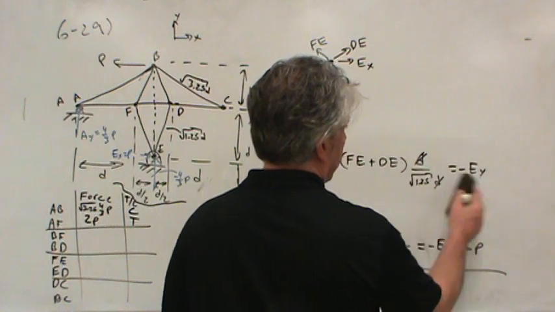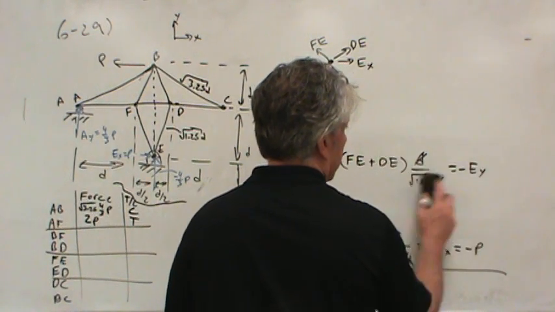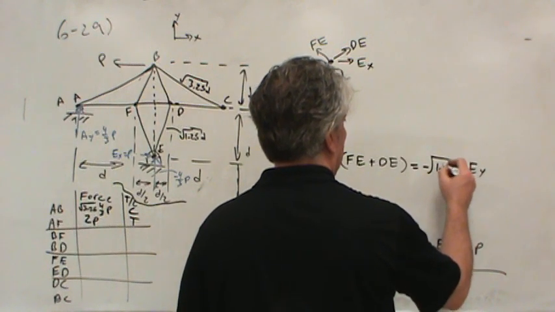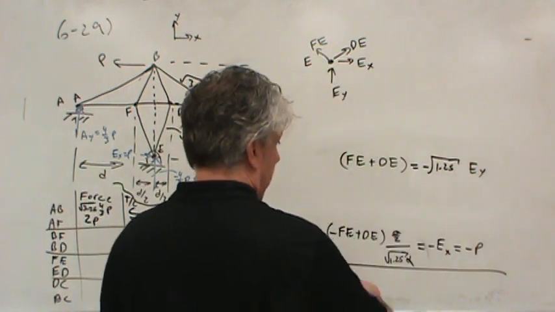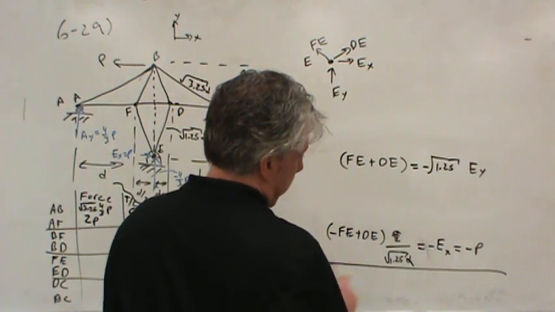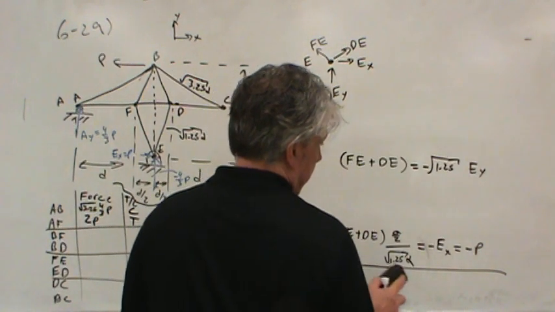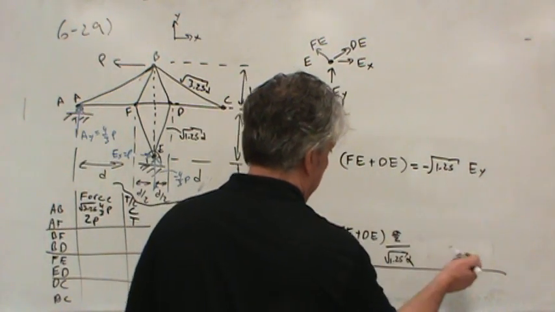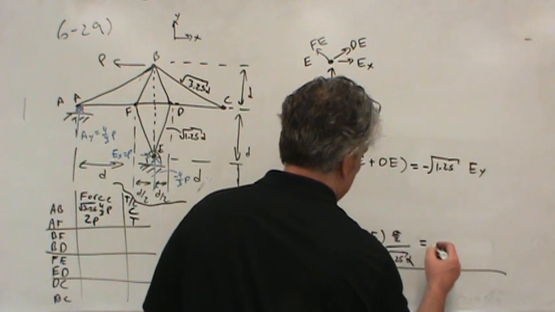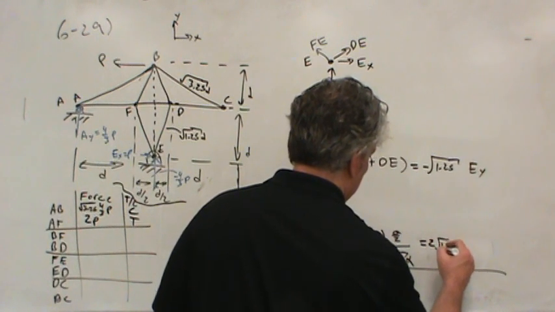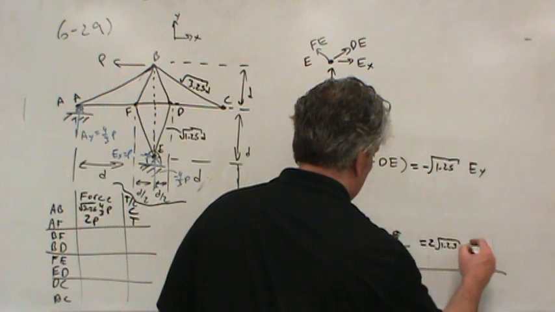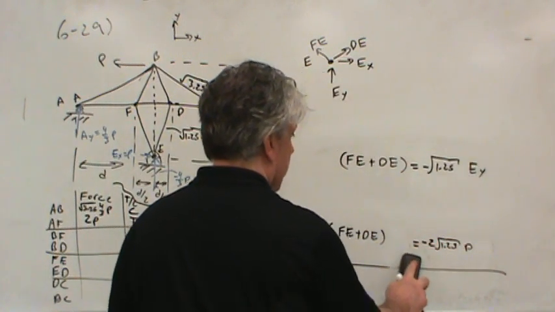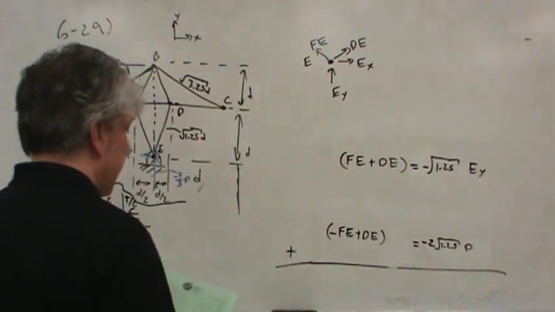Let's put the root 1.25 on the other side, so multiplying through by root 1.25. And this one as well, but of course we've got an extra 2 here. There's a negative P, so equals 2 root 1.25 P, but it should be a negative thing. There we go. Just a little bit of algebra there. Now we can add them a lot easier.